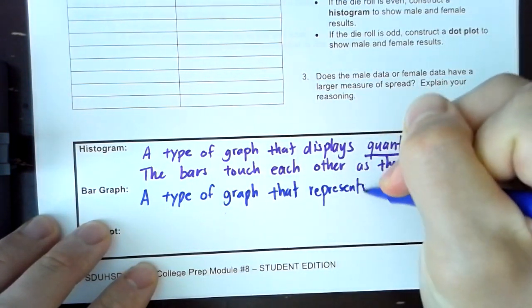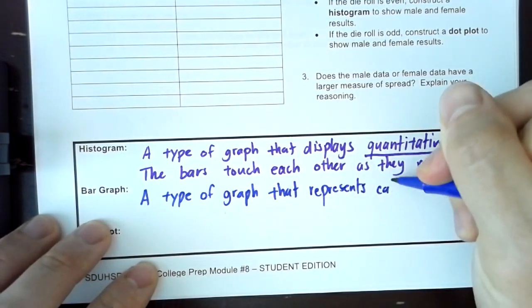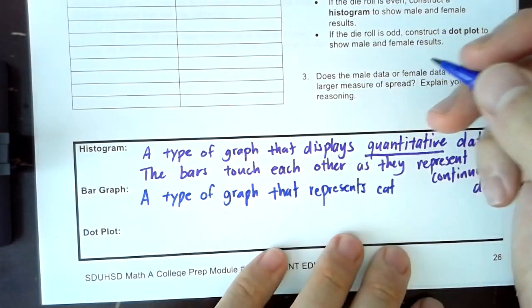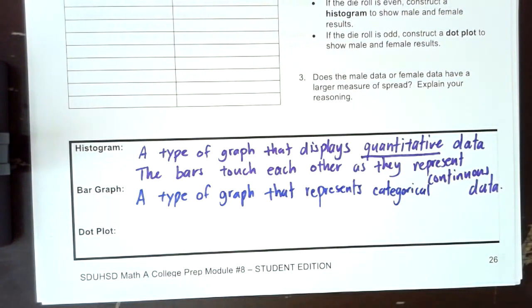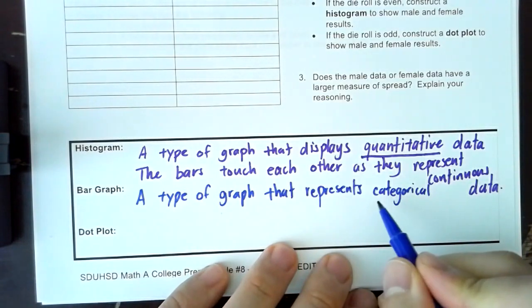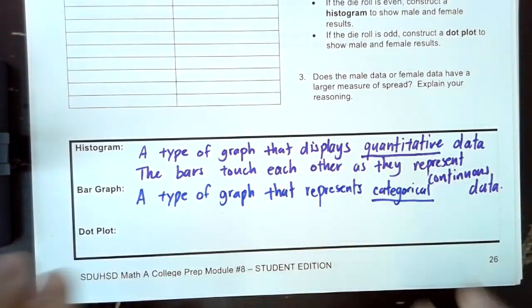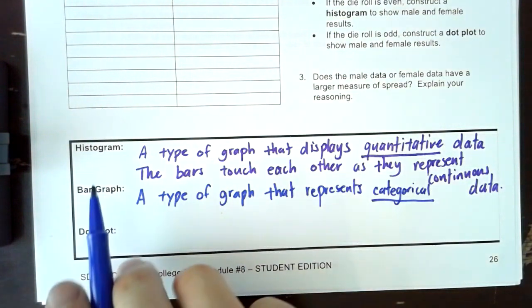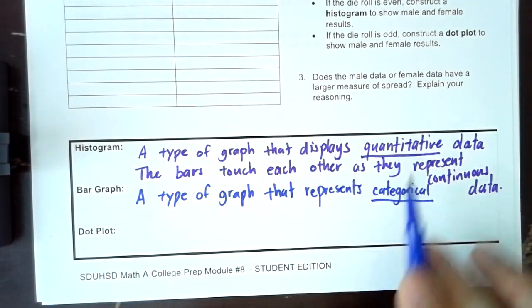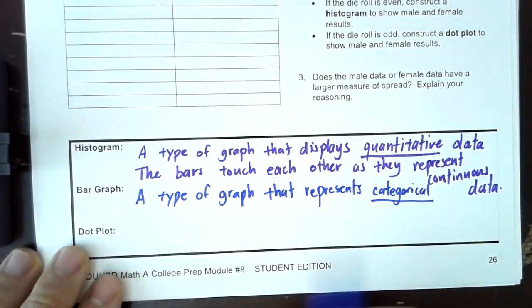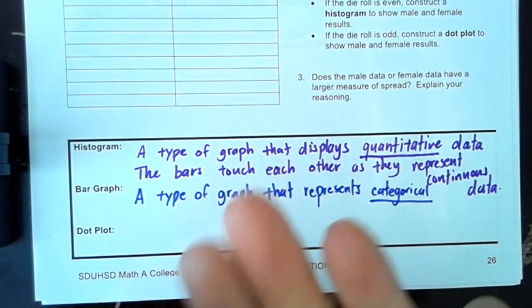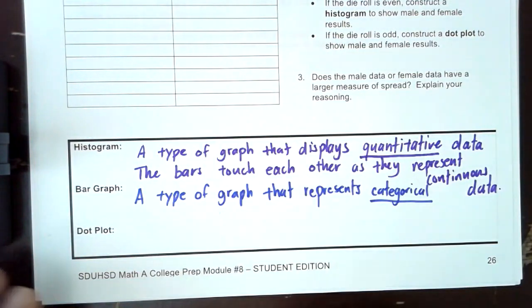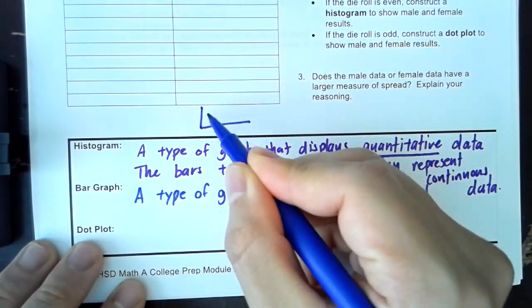Categorical data is basically data where, when you display your x-axis, it's not just numbers like the histogram, because the histogram is quantitative. A bar graph is categorical, where the x-axis will now have categories like, what's your favorite color? Red, blue, green, or yellow. And then the bar graph will go up according to the category, right?